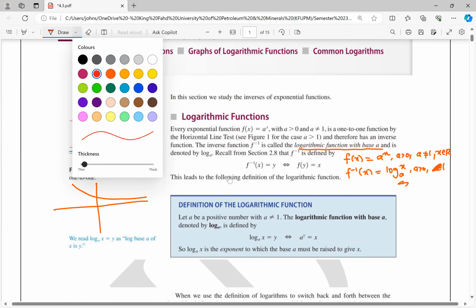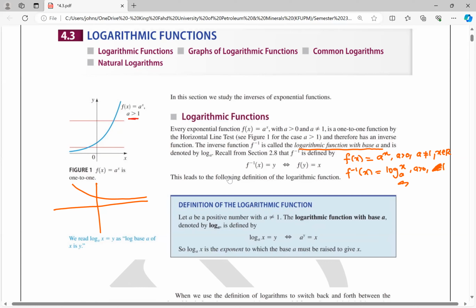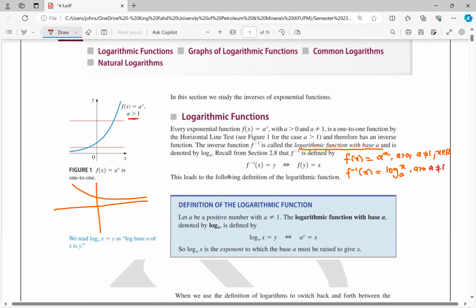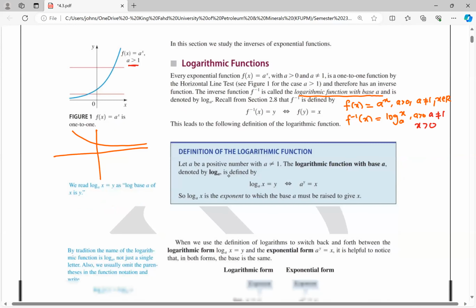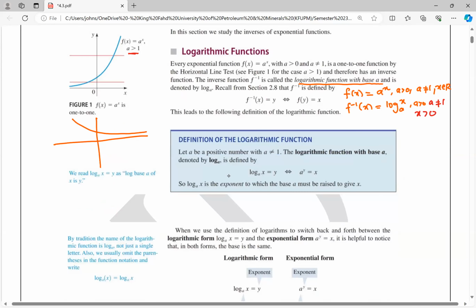So what I mean is here, we need to have this restriction. a is not equal to 1, but x has to be greater than 0. We'll talk about this much later. But what do we know? This is just the relationship between the logarithmic function and the exponential function.